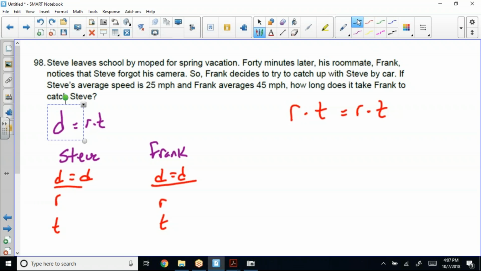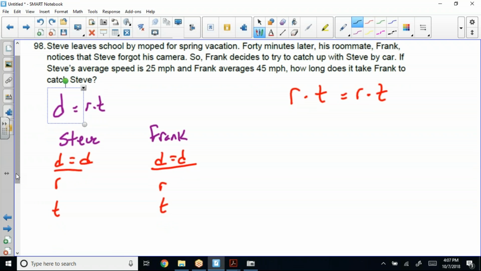So let's look at what we got to decipher for Steve and Frank. We know that Steve is on that moped just getting it down the road, and he's going at 25, but Frank is at 45. So if we say that Steve starts at time T, right?